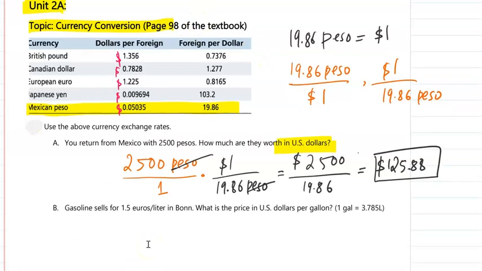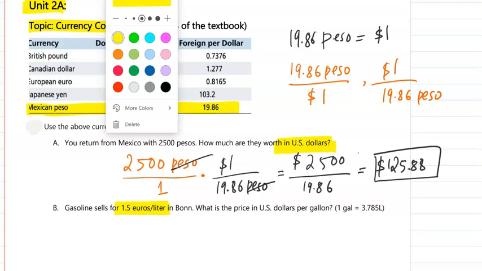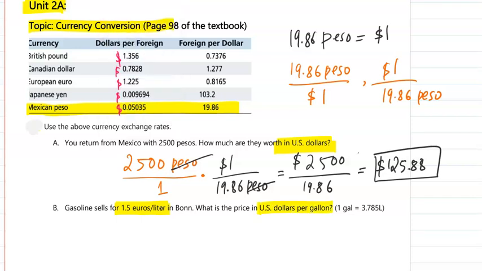Okay, question B. In this question, you are not changing, you are finding the price in US dollar per gallon, and they give you how much euro per liter. The given is 1.5 euro per liter in Europe, and the question asks how much in US dollar per gallon.